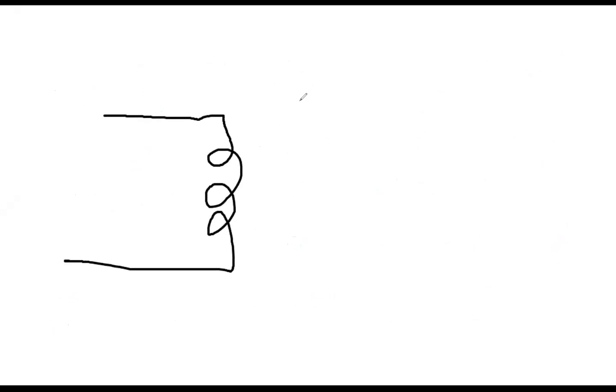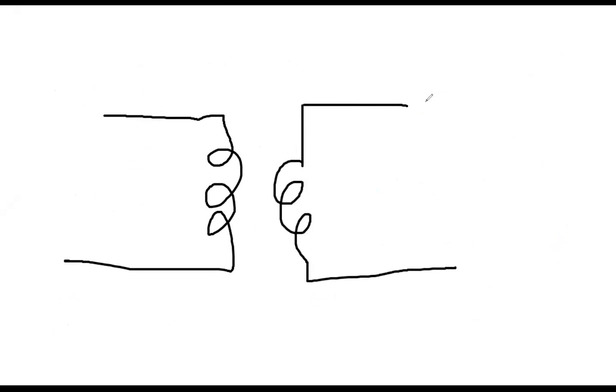So first of all, the transformer polarity concept, or the dot concept: this is one coil, and this is the other coil, the secondary coil. Typically, you will notice even in the lab, it is marked in that way. The terminals are named H1 and H2, and here X1 and X2.